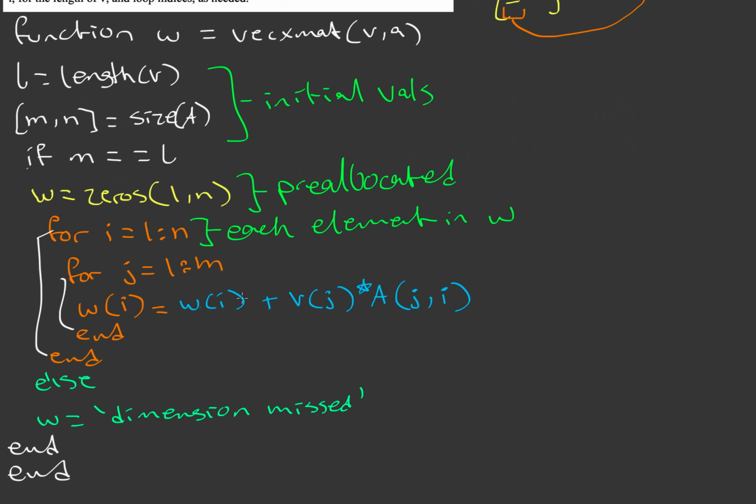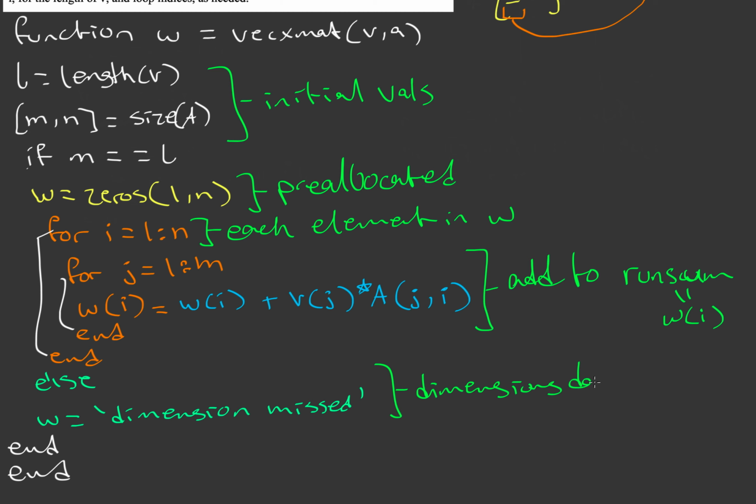And then this right here is going to basically add to the running sum. And the running sum right here is equal to each element in w, essentially. And then this is whether or not our dimensions match. So dimensions don't match. And that's all there is to this function.